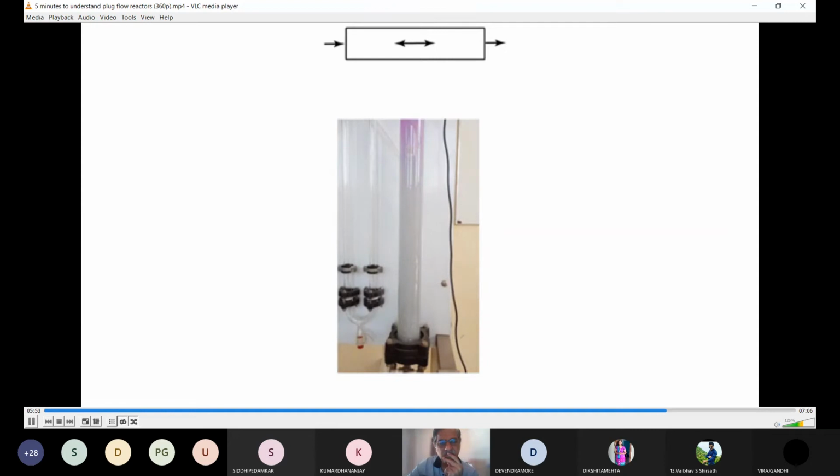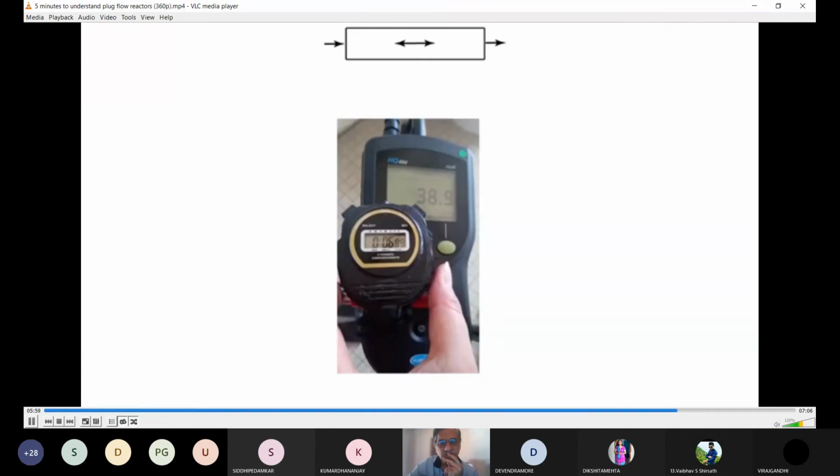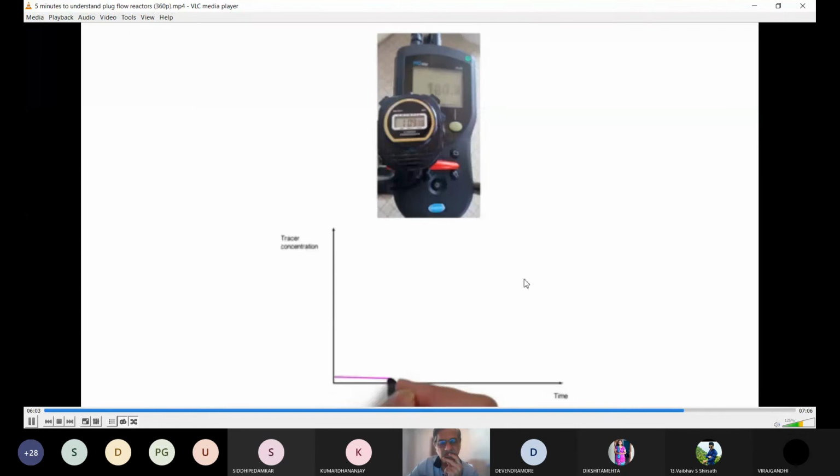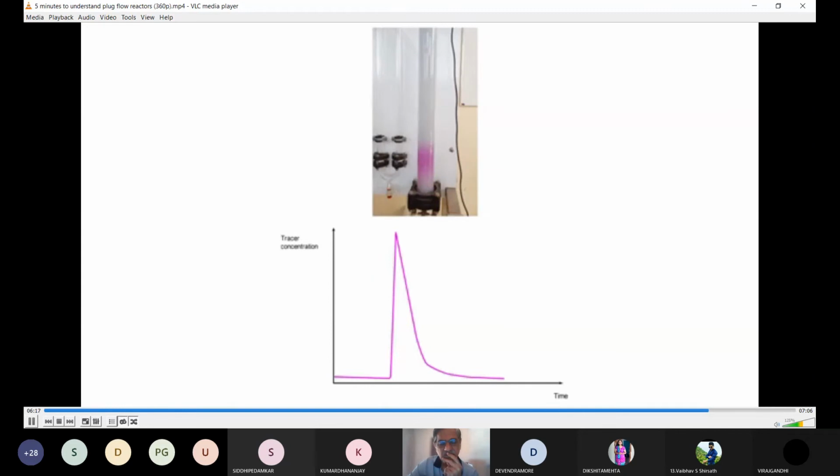When the tracer approaches the reactor outlet, we can monitor its concentration using, for example, a conductivity meter. It can be seen that the tracer concentration increases rapidly at first, but not instantaneously like in an ideal reactor. The concentration then decreases more or less slowly, depending on how much axial dispersion there is in a reactor.